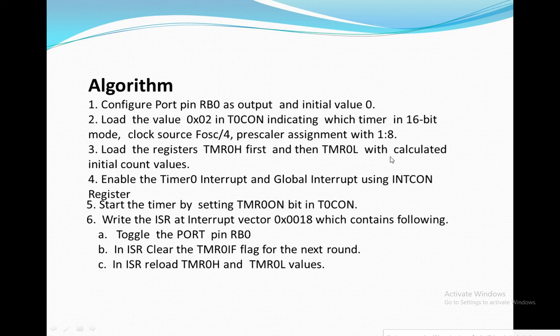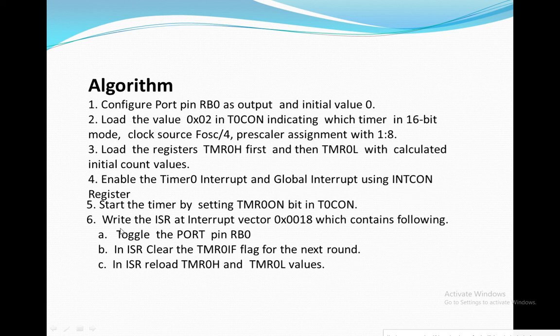After writing these initial values, we will enable the timer 0 interrupt and global interrupt bits using the INTCON register. This should be enabled by writing logic 1 to these particular bits. Otherwise, the microcontroller will not entertain any interrupt in the program.